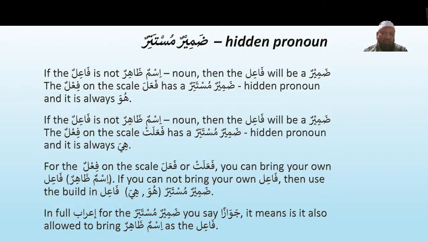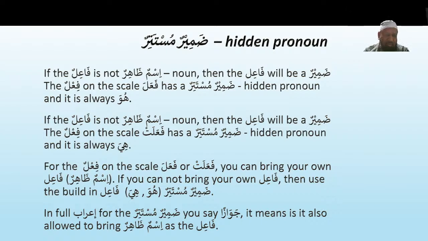So it is only for these two sighas that you are allowed to bring your own fa'il. If you cannot bring your own fa'il, then use the built-in fa'il, which is huwa for fa'ala and hiya for fa'alat. And it is called damirun mustatirun.